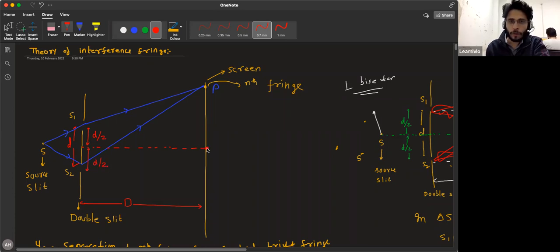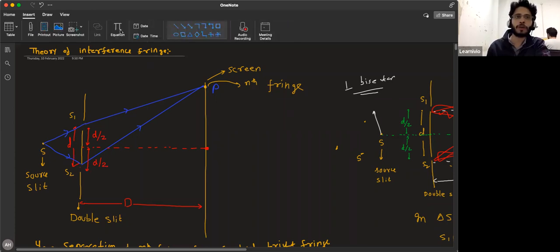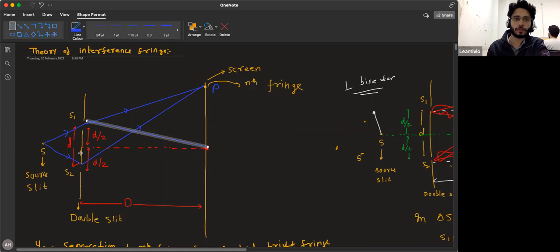So if I talk about this particular point on the perpendicular bisector, this point is at equal distance from S1 and S2. So the waves reaching this point will cover equal path. At this point, rays will come from S1 as well as from S2, and they will cover equal path.